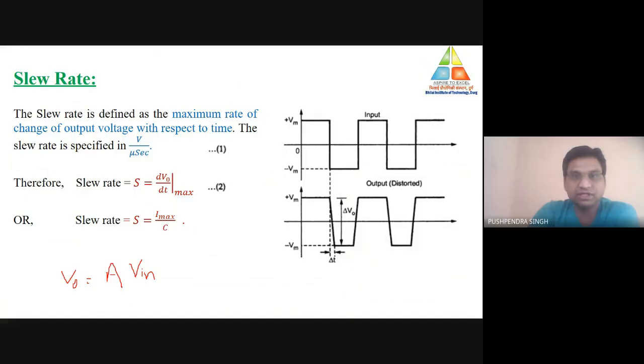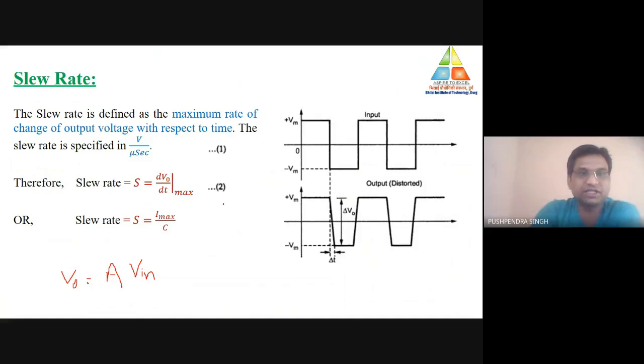At a very high frequency, the internal capacitance charging is limited by some saturation voltages. So the slew rate can also be defined in terms of current and capacitance. In that case, the slew rate is nothing but I max divided by C.